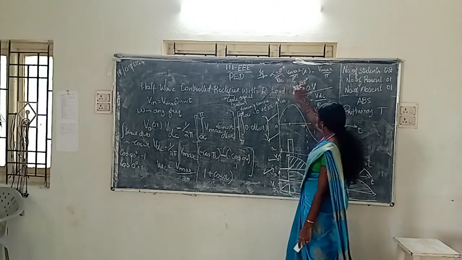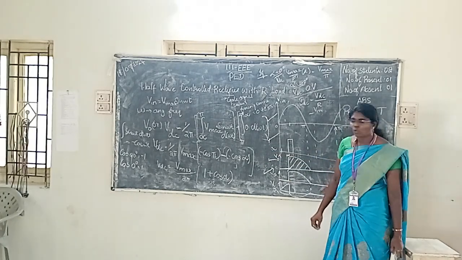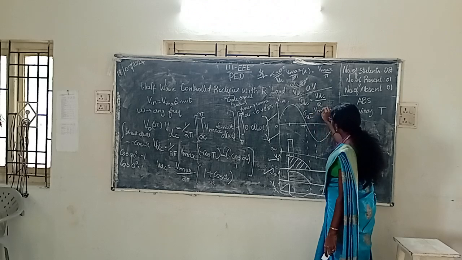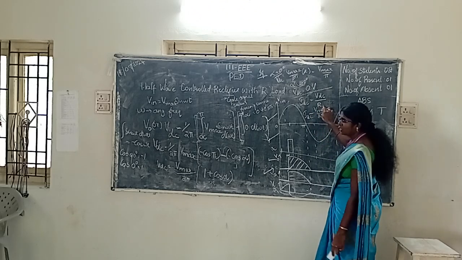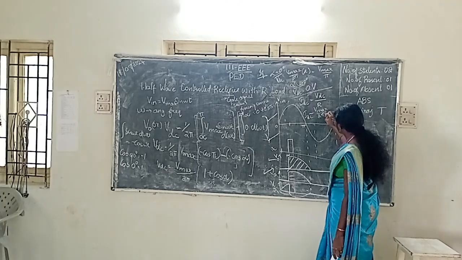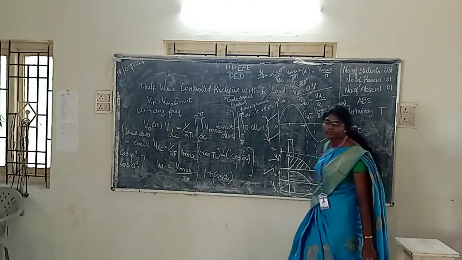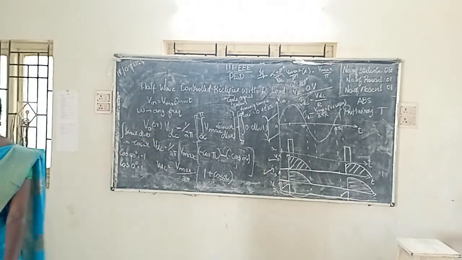But what is the general formula? VDC is equal to V max by 2 pi into 1 plus cos alpha. So then what is the formula for IDC? IDC is V max by 2 pi into 1 plus cos alpha, divided by R, that is V max by 2 pi R into 1 plus cos alpha. That is all about the half-wave controlled rectifier with a resistive load.